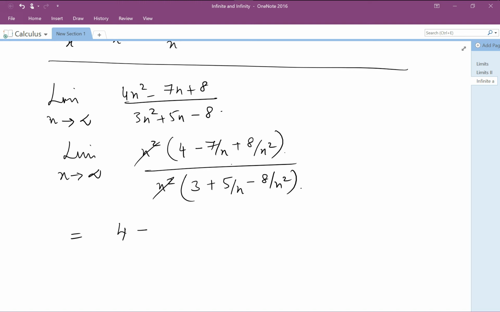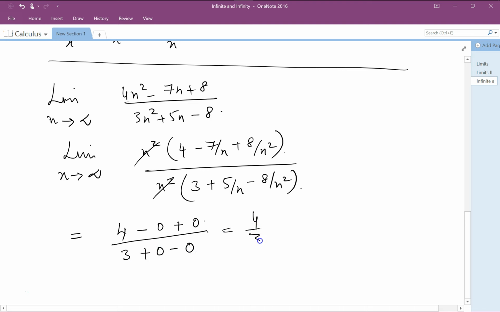In front of infinity, that 7 has no significance. So 7 by n gives you 0. Similarly, 0. 3 plus 0 minus 0. So which is 4 by 3.